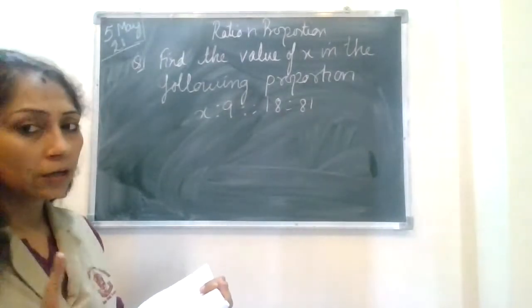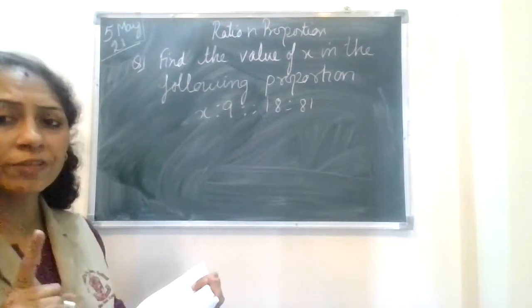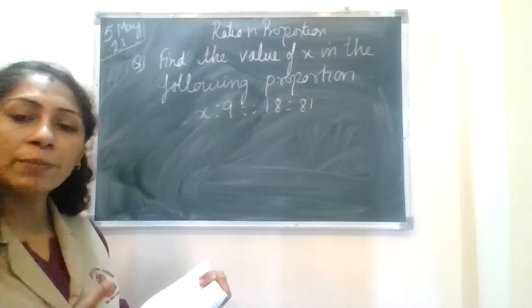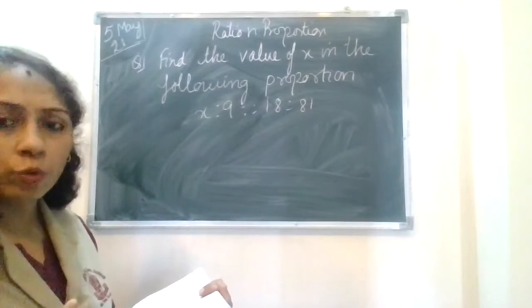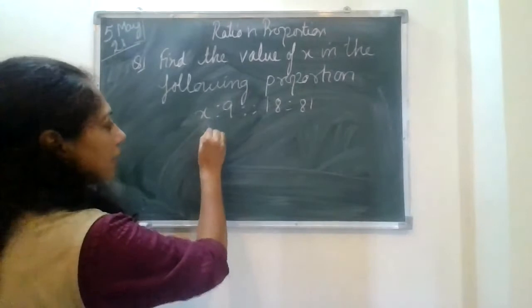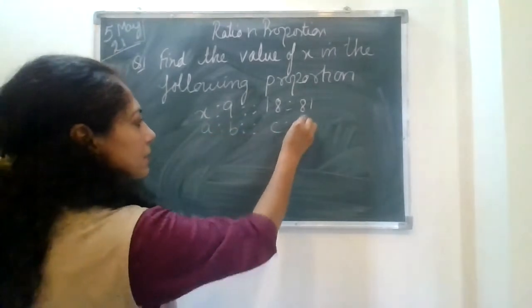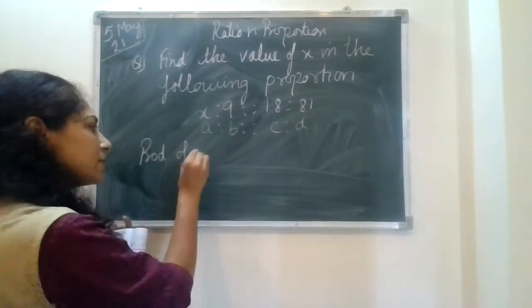Students, one thing to understand about it is that whenever you have to dig out one value, suppose x, you can easily find it out by placing it in a relationship or some formula or whatever arrangement you are going to use to do the sums. Okay, so here it is A, it is B, it is C, it is D. So can I write the relation, product of extremes?